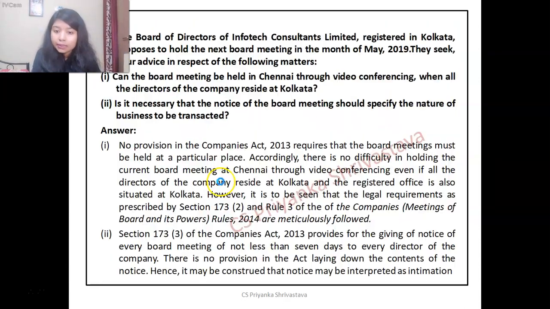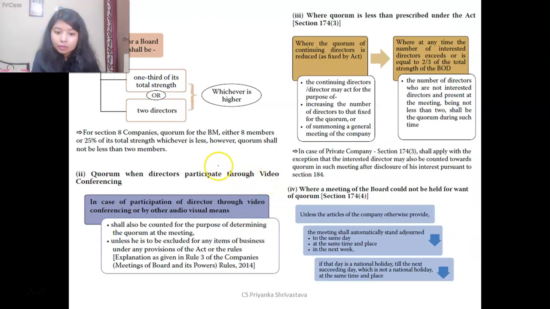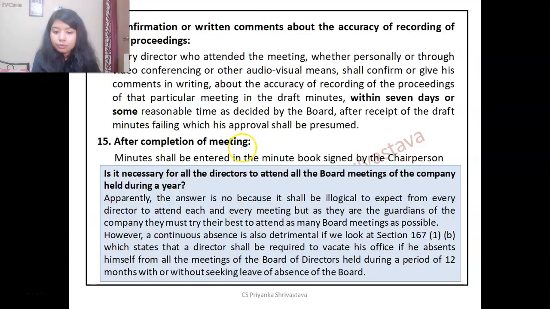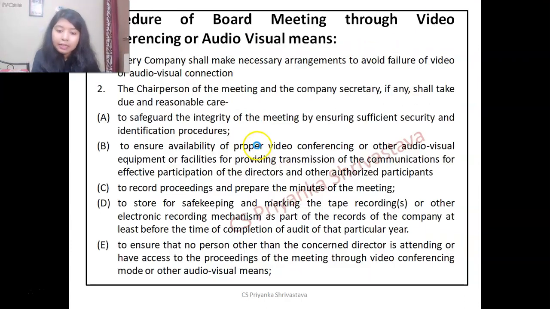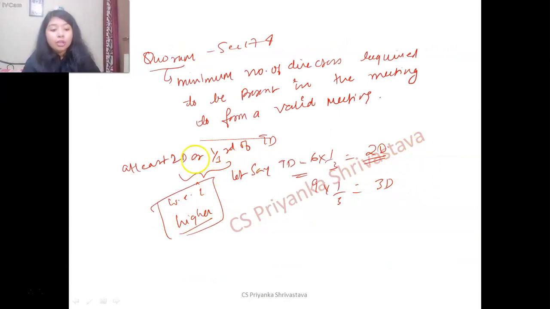Okay. We'll see in detail later on; I'm just telling you the concept so that you are able to understand the procedure. So at least 2 or 3, the higher is 2 directors here, and in both cases it is 2. So at least 2 directors need to come to form a valid meeting.